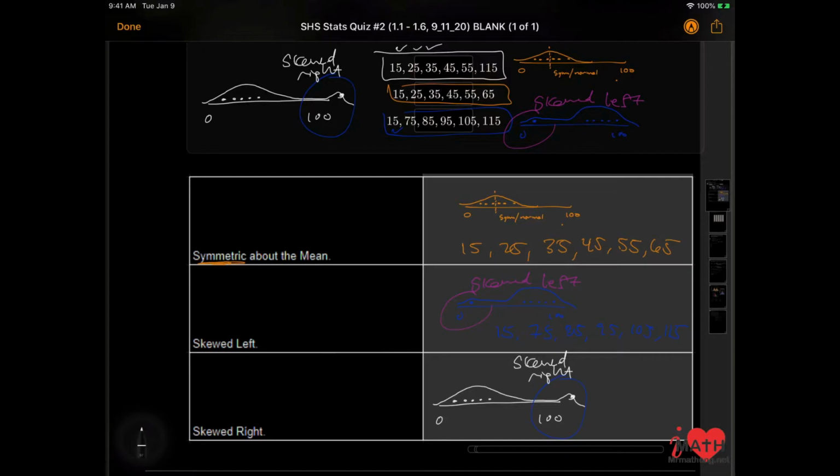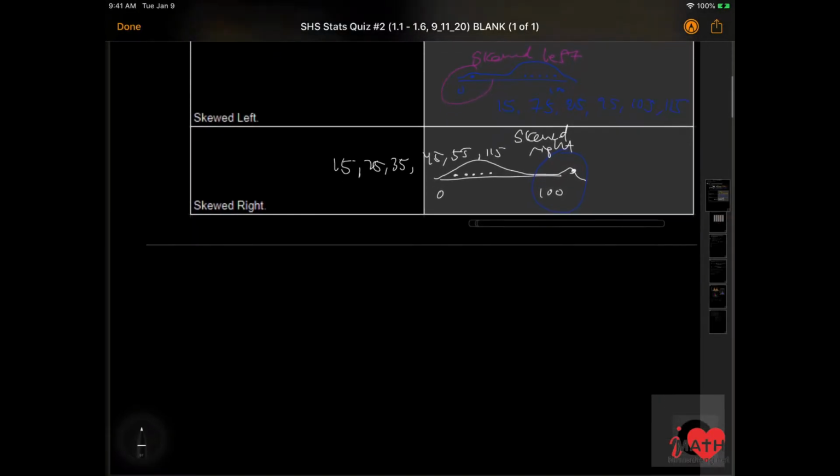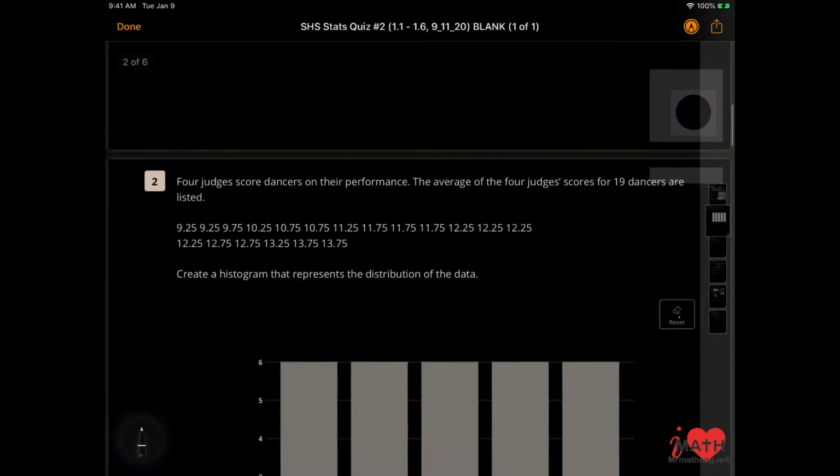And skewed right: notice all of my data is 15, 75, 85, 95, 105, 115, and 15, 25, 35, 45, 55. All that data is mostly to the left, and then 115 to the far right.